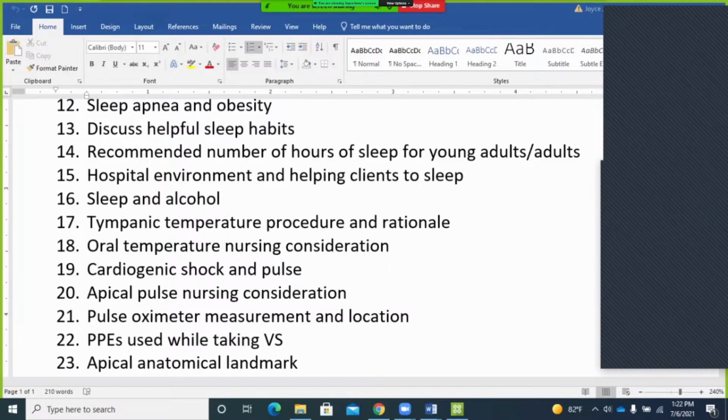So guys, because we're testing for vital signs, can you please know your normal ranges? Okay. Normal ranges. So temperature is what? 98.6.